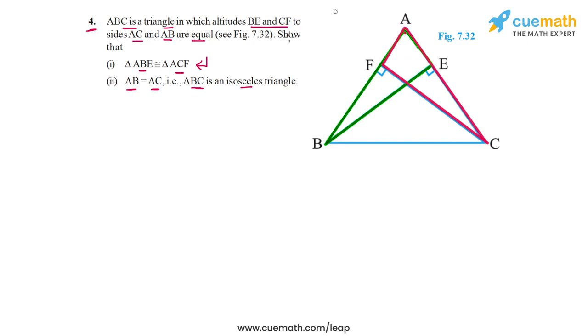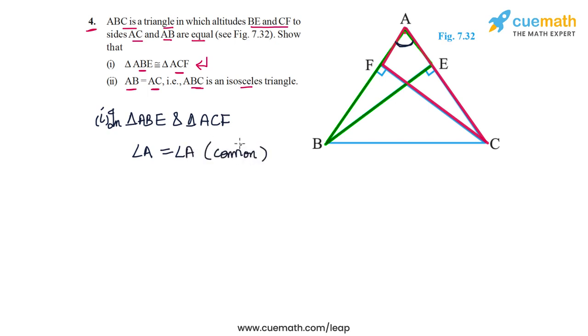Okay, and you can see visually that the two triangles are congruent, and now we need to prove this rigorously. So in triangle ABE and triangle ACF, what are the corresponding parts which are equal? We note that this angle at A is common to both the triangles, so we can write angle A equal to angle A, because this is common.